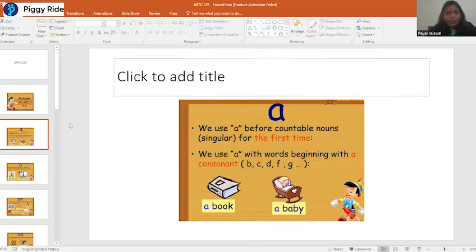Now let me give you a few examples. A pen, a book, a baby, a boy. So whenever you see that you have consonants, you are going to put the article a.